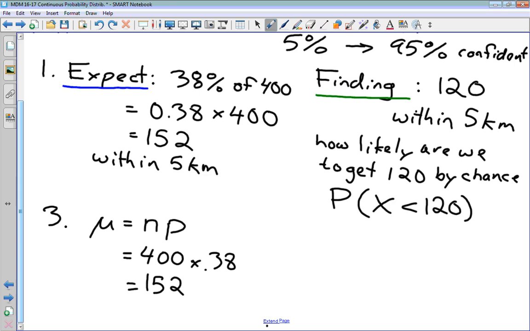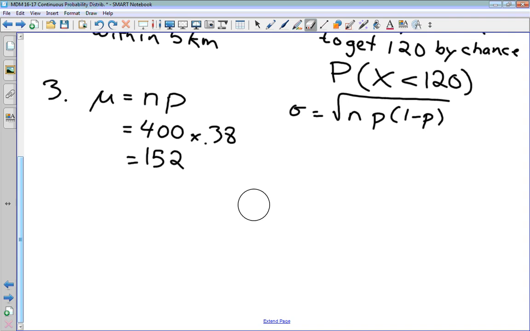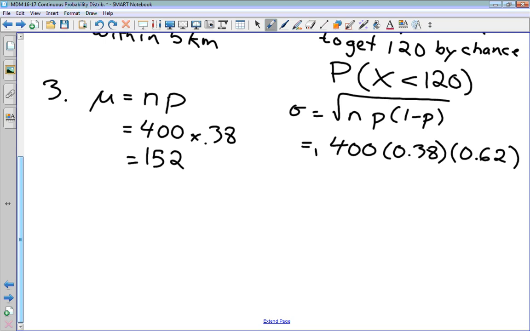Our sample standard deviation is given by the square root of np(1 minus p). So subbing in those values, 400, 0.38, and 1 minus 0.38 is 0.62, square root. So our sample standard deviation is 9.7.